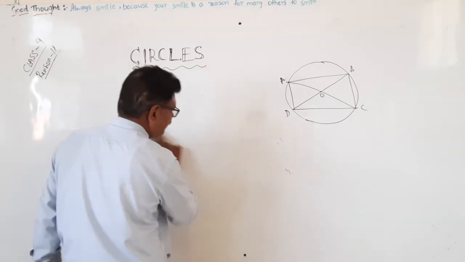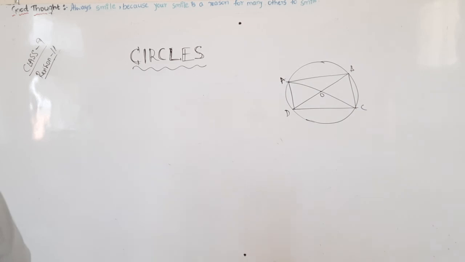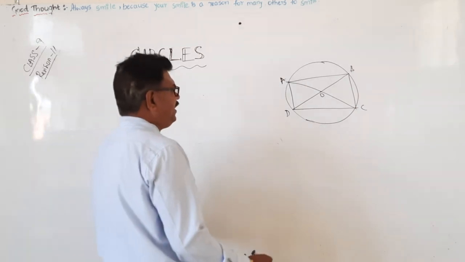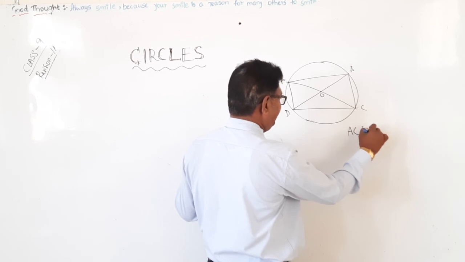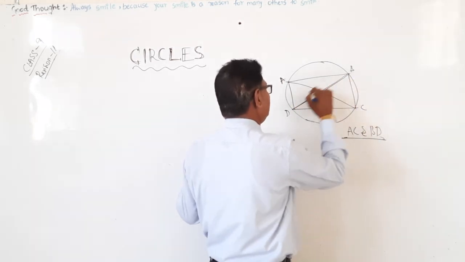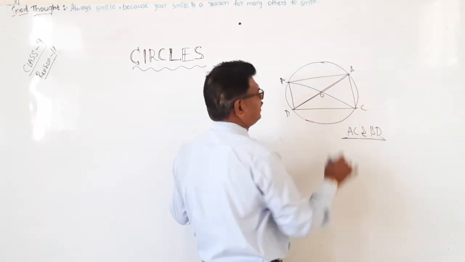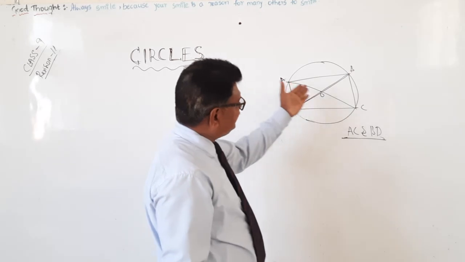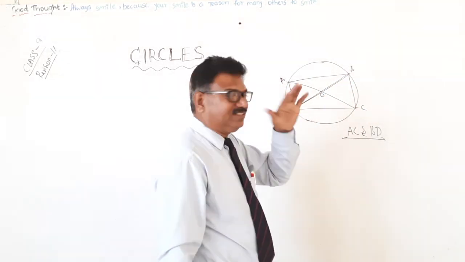It is a very simple problem. What he has given is that AC and BD are the two diameters. So angle A is in a semicircle, and C is also in the semicircle. If you take AC as diameter, then B and D are both in the semicircle.